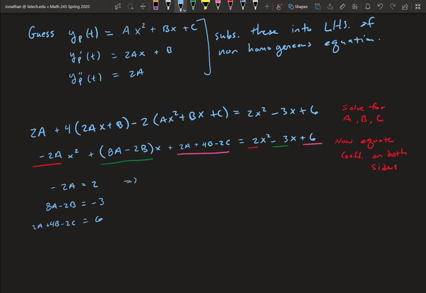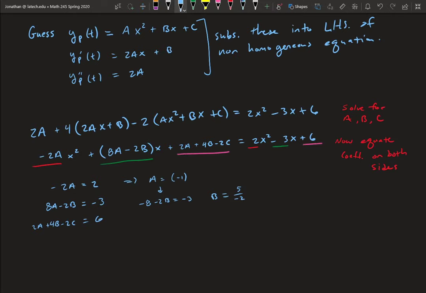First equation tells us a is negative 1. Second equation would tell us that negative 8 minus 2b equals negative 3. So b would equal 5 over negative 2.